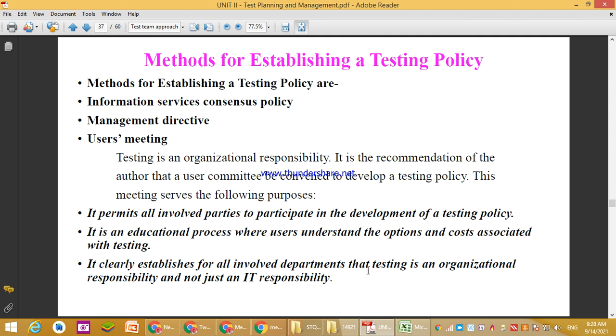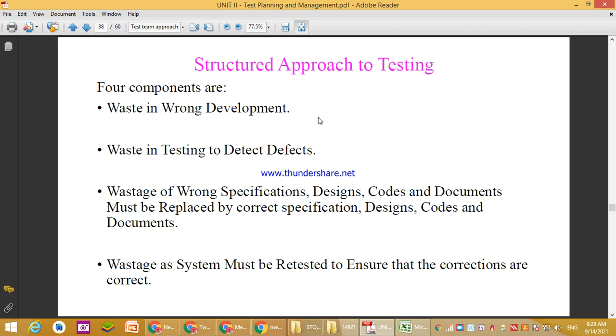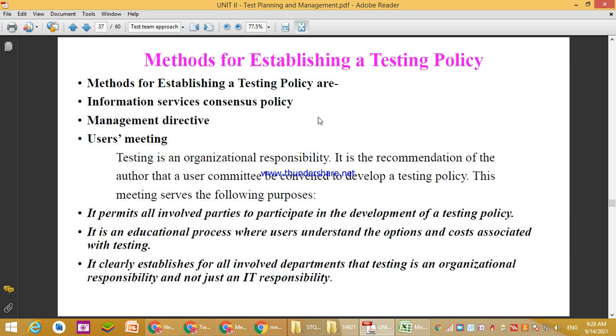These things we have to care about, or the testing team has to care about, while deciding testing policy. Okay. This is all for this lecture. What we have seen in this lecture: first, testing approach, right?